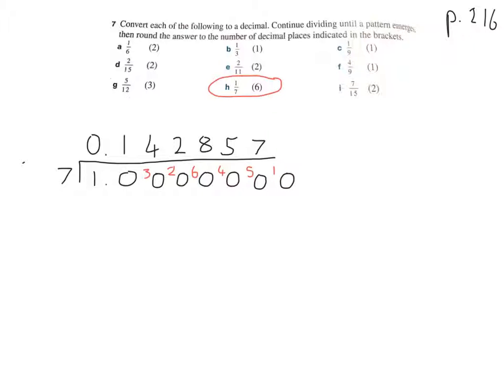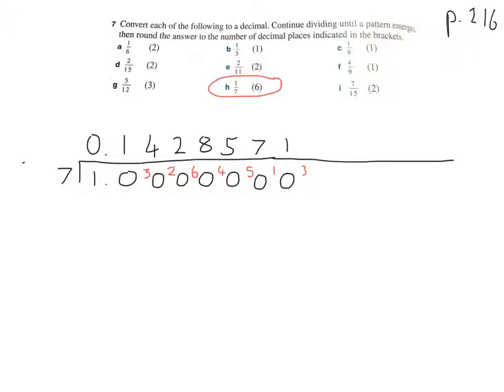And if you haven't already noticed, we're going to start the pattern again. So 10 divided by 7 is 1, and there's a remainder of 3.